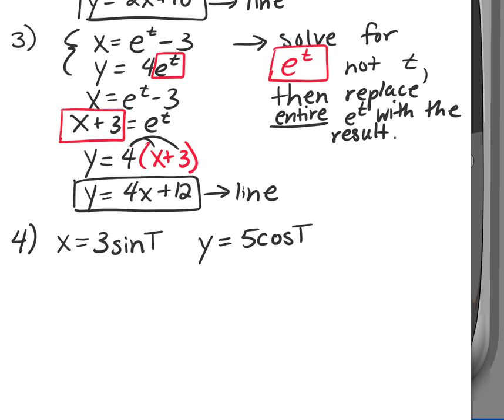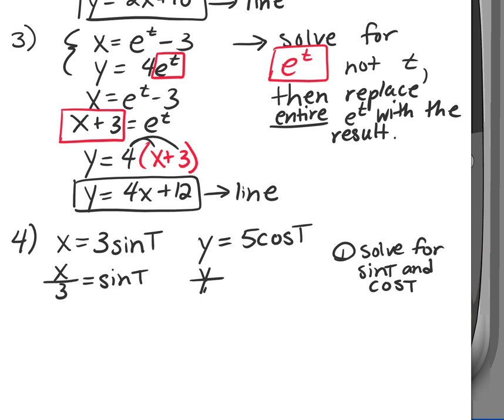Rather than solving for t, we are going to solve for sine and cosine. Just going to write sin and cos, even though I really mean sine and cosine of t. So this one will be x over 3 is equal to sine t, and this will be y over 5 is equal to cosine t.